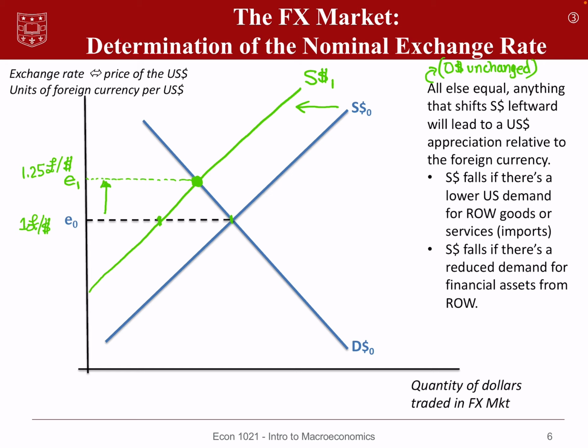So again, why would the supply curve for dollars shift? Well, again, we need to remember that dollars are supplied in the foreign exchange market in order to acquire foreign currency, and suppliers are supplying dollars to acquire foreign currency in order to purchase foreign currency denominated goods or services or financial assets.